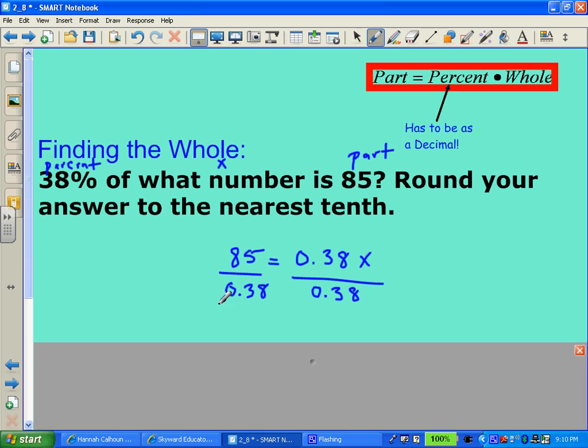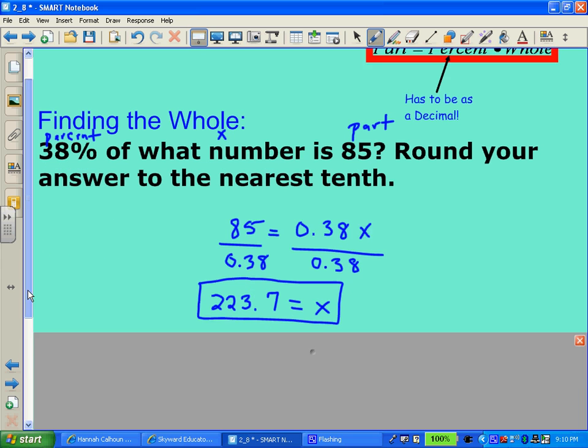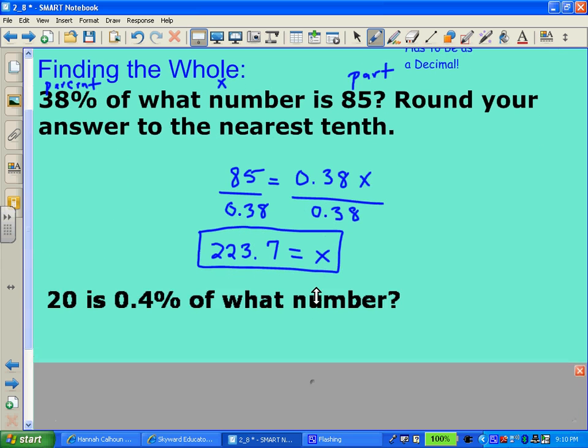So 85 divided by 0.38 is a big number, 223.68, and I have to round to the nearest tenth, so it's going to be 223.7. So 38% of 223.7 is 85.